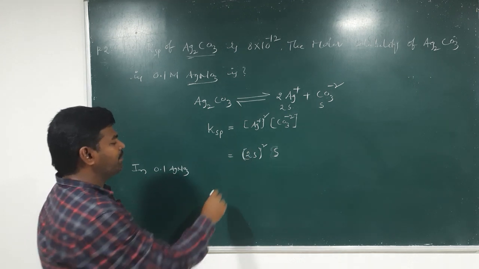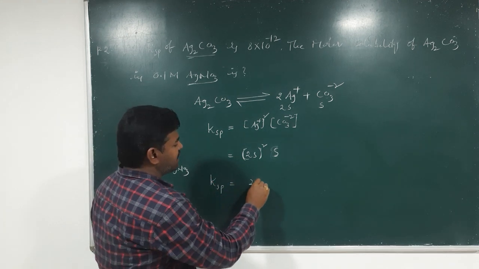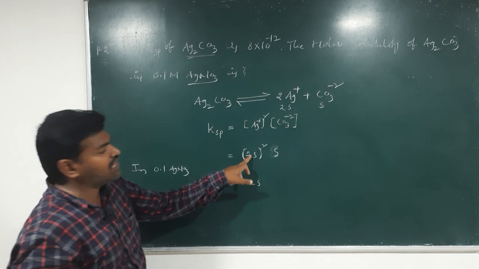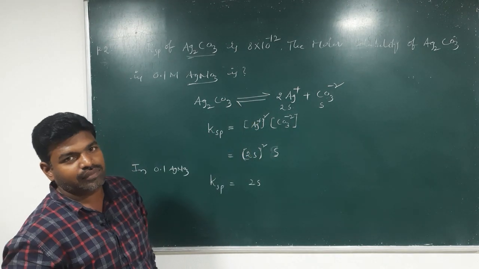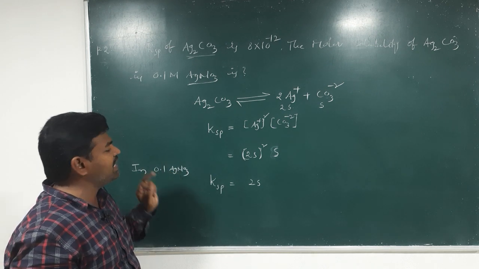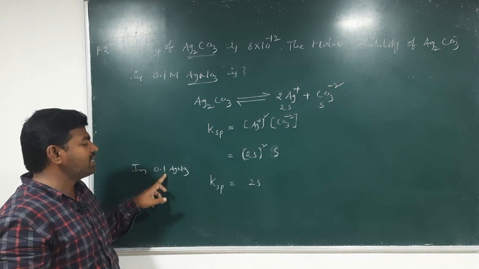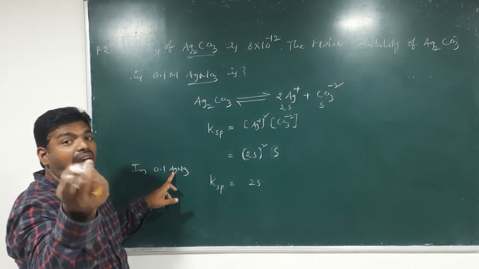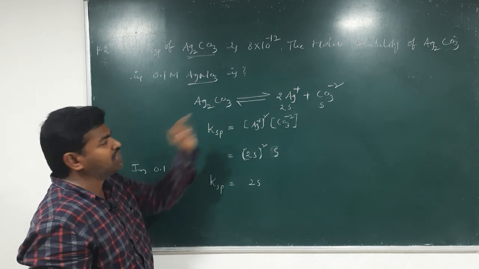That is, Ksp is equal to 2s, the molar solubility of Ag2CO3 alone. But in 0.1 molar AgNO3, 0.1 molar concentration of Ag plus adds to the Ag plus of Ag2CO3.